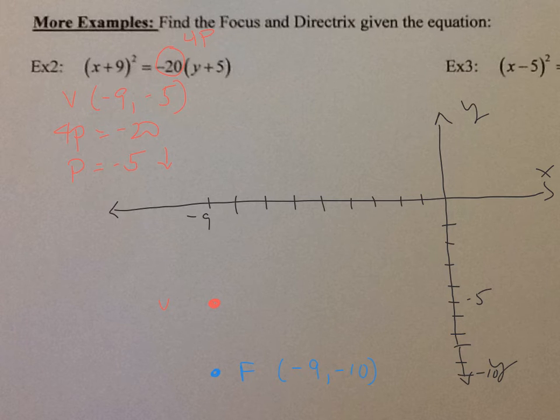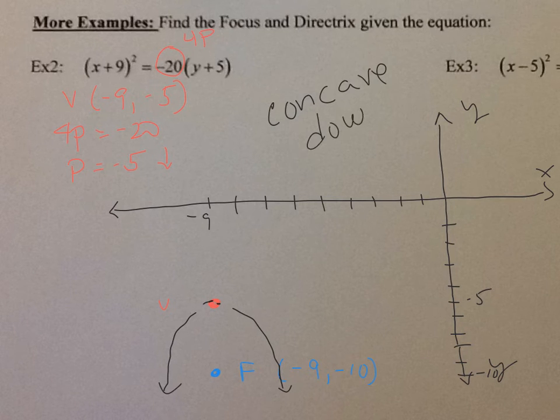Now let's determine the concavity. So remember, my parabola has to hug the focus. So since my focus is below the vertex, it's going to be concave down. So let's write that, concave down.